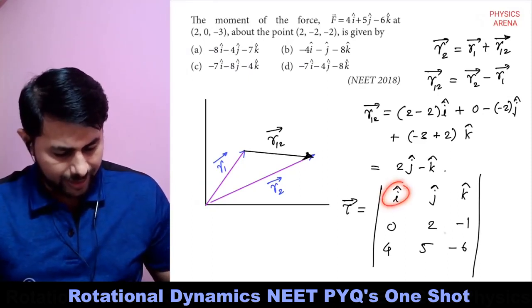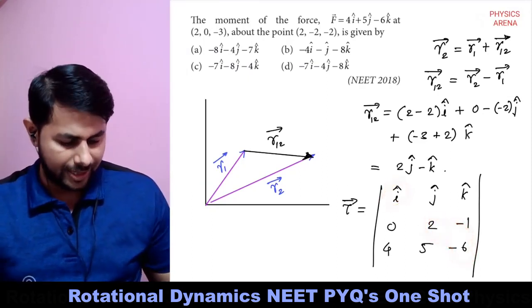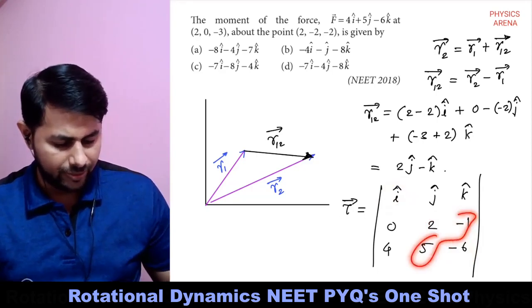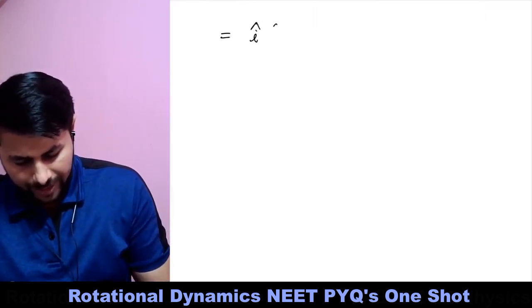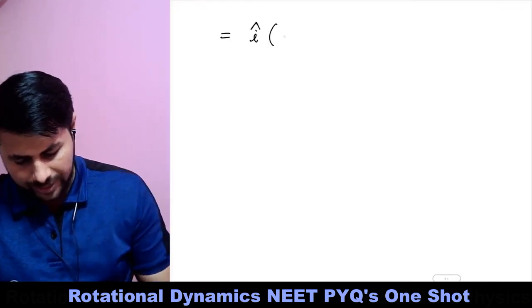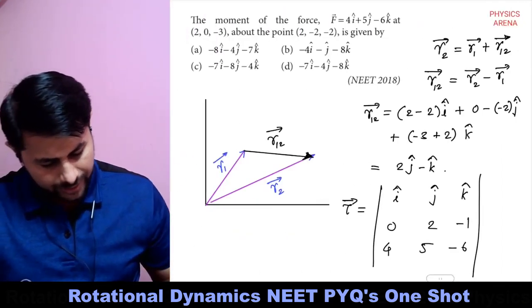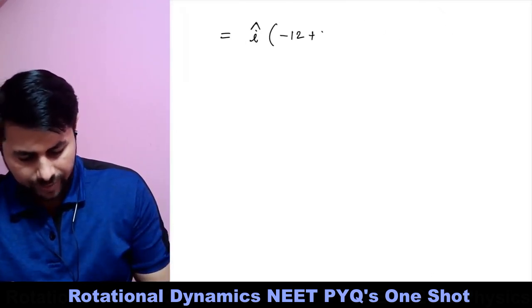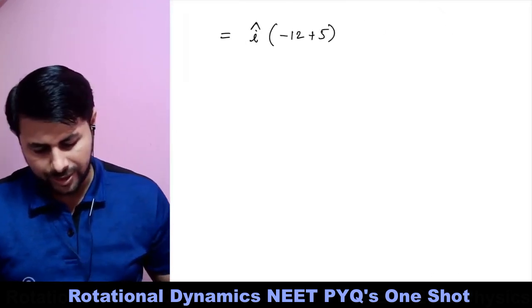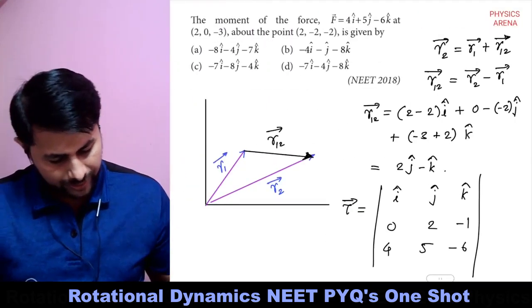I cap multiplied by 2 into minus 6 minus 5 into minus 1. So this is equal to i cap multiplied by 2 into minus 6 is minus 12, minus 5 times minus 1 is minus 5. So minus minus plus. So minus 12 plus 5.